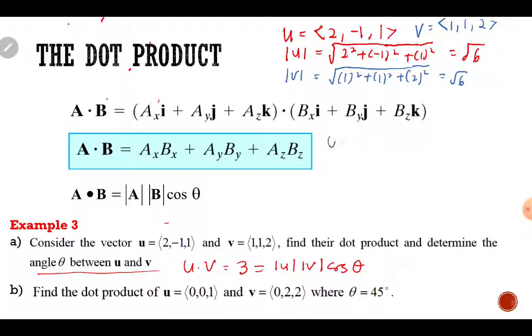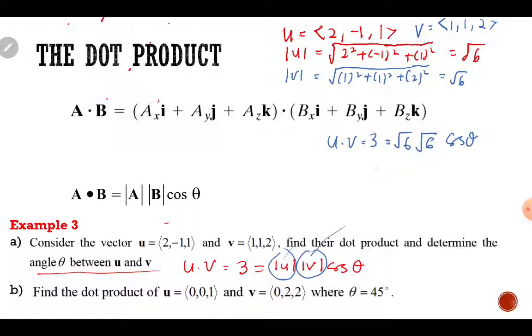So maknanya U dot V is equals to 3 sama dengan magnitude U is square root 6, magnitude V is also square root 6 darab dengan cos theta. So square root 6 darab dengan square root 6 dapat 6 kan? So 6 cos theta. So here you get cos theta is equals to half. So to get theta, saya rasa yang ni semua orang dah belajar kot.